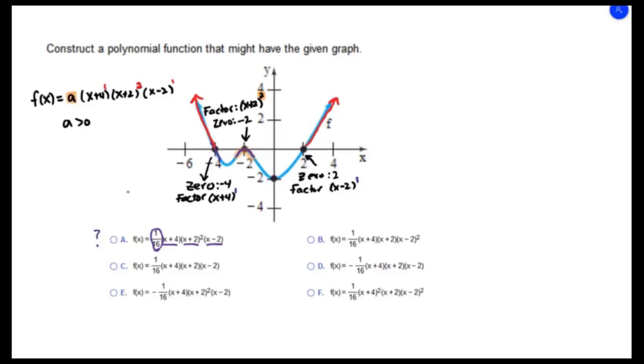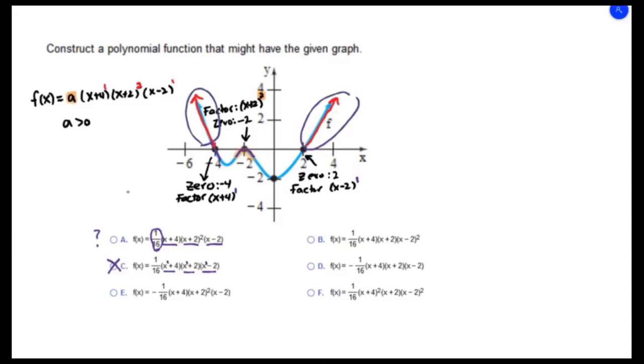In this next one, we have a factor of x plus 4, x plus 2, x minus 2. And this one we're going to have to rule out because this only has 3 x's, that would be x to the third power, and the end behavior wouldn't match that.